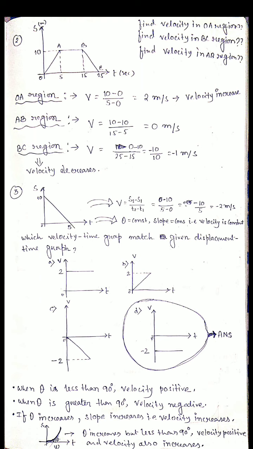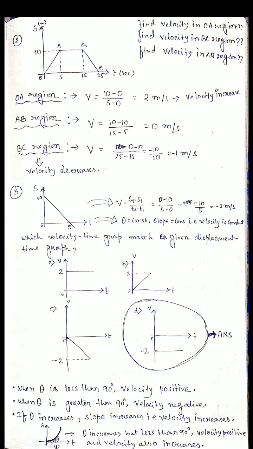So option D, the fourth option, is correct, or this velocity time graph matches this displacement time graph. This type of numericals will come. Which one matches from the displacement time graph and velocity time graph, or how we can draw graphs, that is, given a displacement time graph, what will be the velocity time graph, you plot the graph.